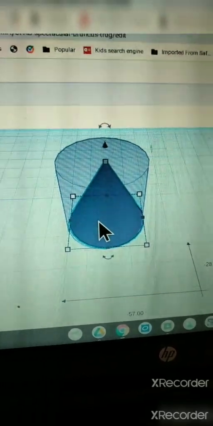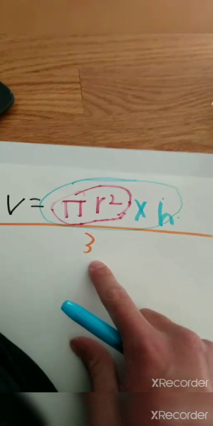A cone takes up 1/3 the space of a cylinder. That's why we divide by 3, because a cone is going to take up 1/3 of the space of a cylinder if the radius and the height are the same. So we can use 3 shapes and 3 steps to find the volume for a cone.